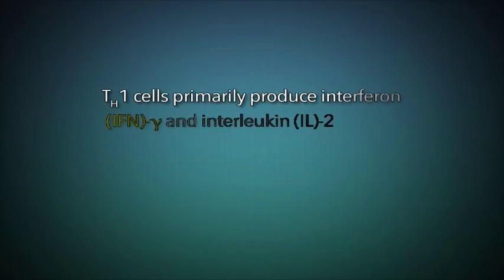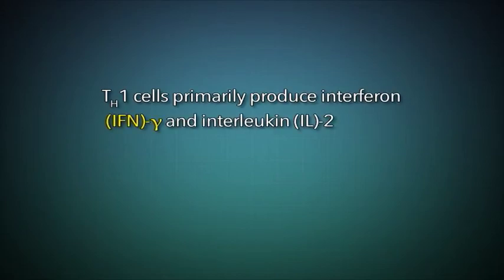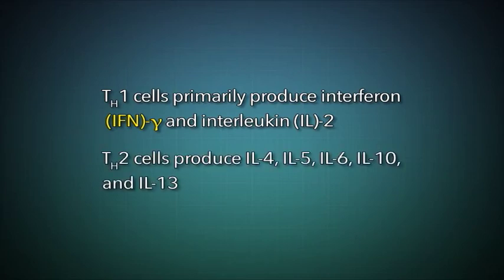T cells stimulate APCs by interferon gamma or IFN gamma and also stimulate themselves and other T cells by IL-2. Helper T cells could be separated into two classes depending upon the specific cytokines the cells secrete in response to antigenic stimulation. Th1 cells primarily produce interferon gamma and interleukin-2, whereas Th2 cells produce IL-4, IL-5, IL-6, IL-10, and IL-13.